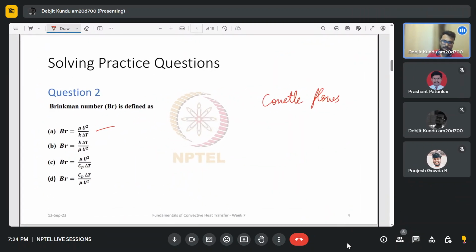We have question number 2 of today's session, which is asking us, how is Brinkman number defined? Is it option A, Br equal to mu u square over k delta T? Option B, k delta T over mu into u square? Option C, mu u square by Cp delta T? Or option D, Cp into delta T by mu u square?